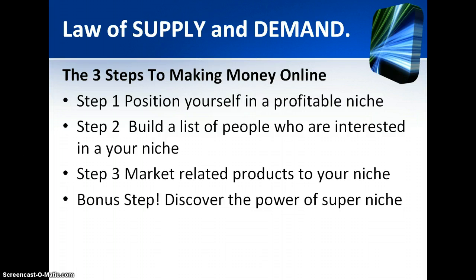That's called super niching. It's a way for you to break down and be specific about the actual market that you're after. Then, once we position ourselves in that niche or super niche, we're going to build a list of people interested in that niche. It's very simple when you break it down to these three steps.